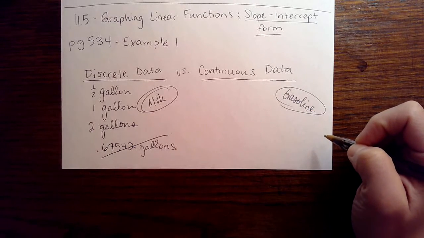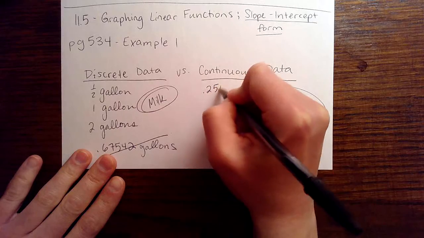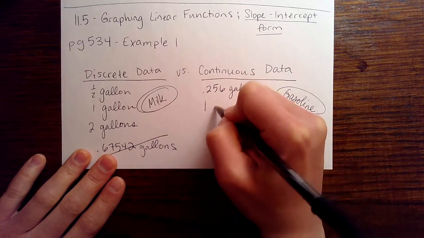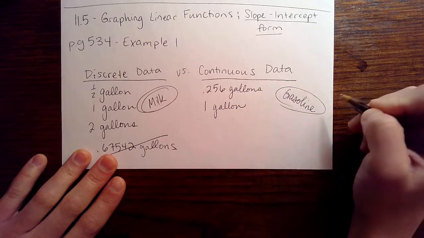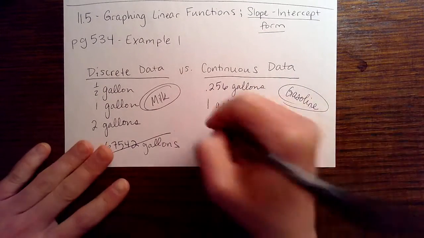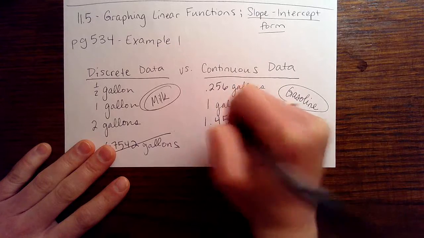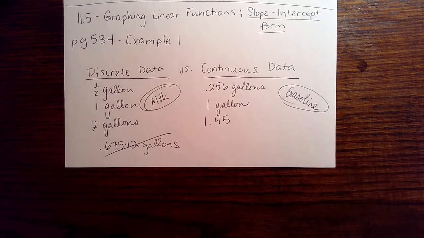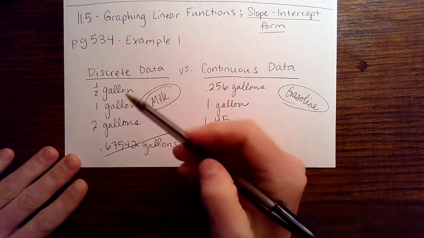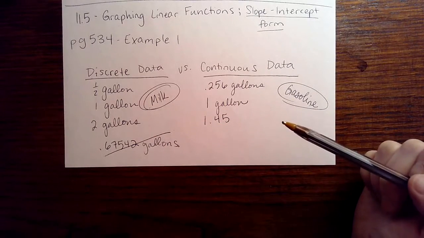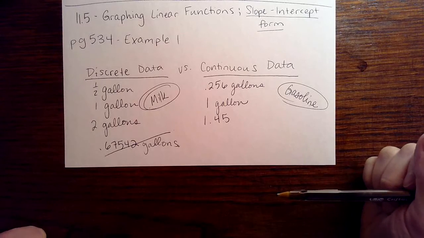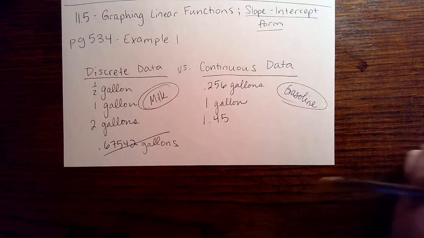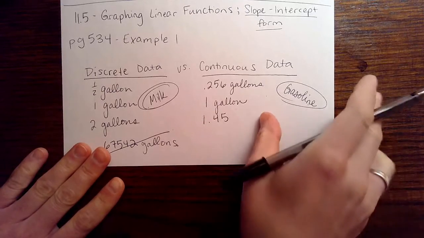You can buy 0.256 gallons of gasoline. You could buy exactly 1 gallon. Maybe that's your goal, to get to the nearest gallon. But usually it's going to be some decimal amount, and it could be anything between 1, 2, 3 gallons of gas. So discrete would be, I can only get however much milk is in the container, certain numbers. Whereas continuous, the numbers in between make sense.